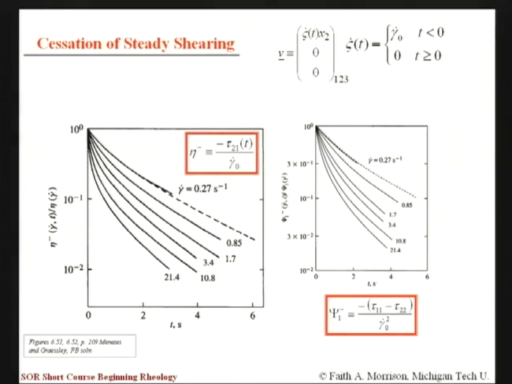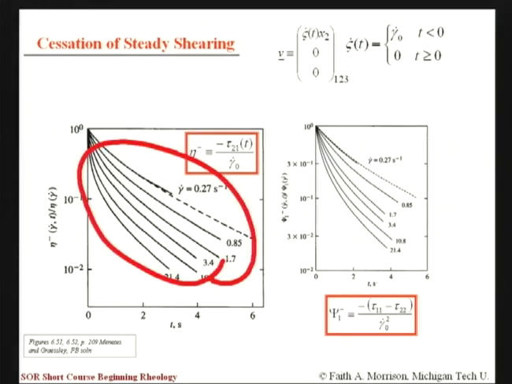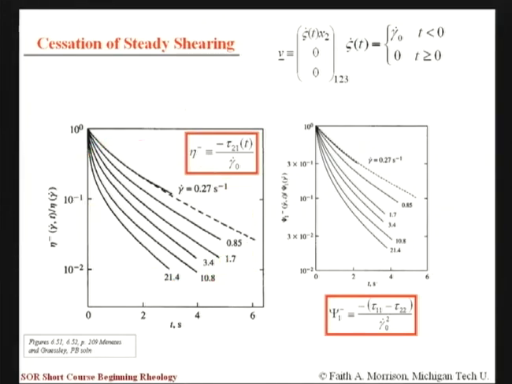But in this case, that's not what's observed. The stress does not step down instantaneously. Instead, it decays with some time constant. And there are first normal stress differences. If there is a first normal stress coefficient, then it probably doesn't decay instantly, and that's in fact what we see. It does not decay instantly.